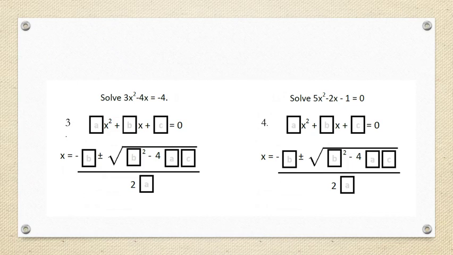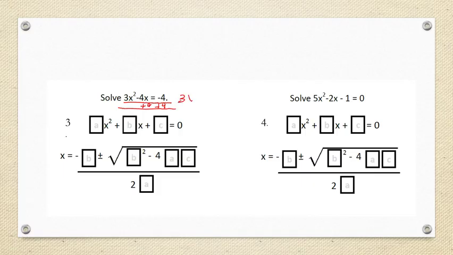Now we're going to take these quadratics and put them in the quadratic formula. However, this one right here is not in standard form. We need to get it in standard form, so we need to add 4 to both sides because we need to set it equal to 0.